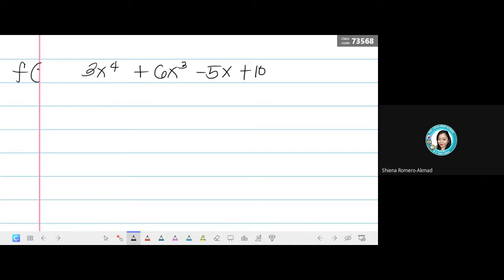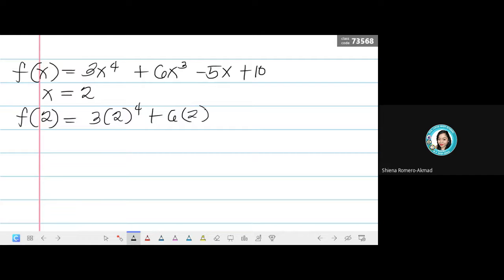So that will be our f of x. And yung value ng ating x is positive 2. So substitute natin. That will be f of 2 equals 3 times 2 raised to 4 plus 6 times 2 cubed minus 5 times 2 plus 10.